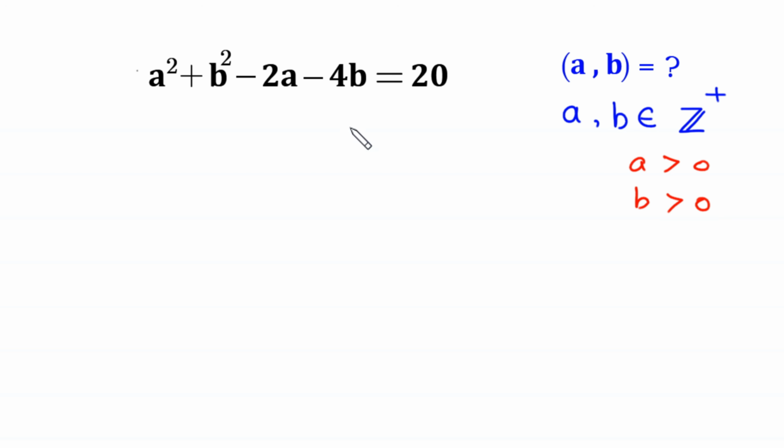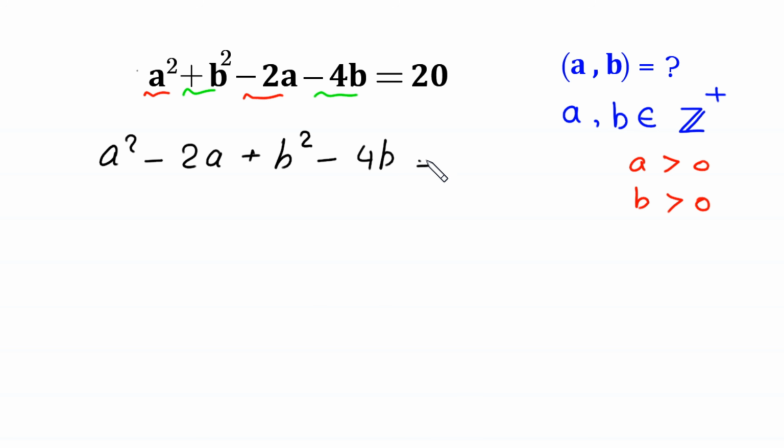First of all, we rearrange these terms. We write this a squared with this negative 2a, and we write this plus b squared with this negative 4b, like this: a squared minus 2 times a plus b squared minus 4 times b is equal to 20.